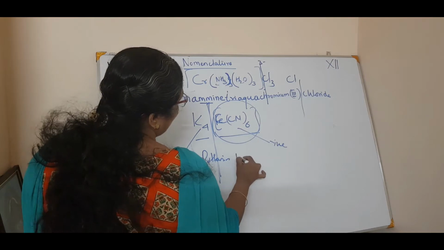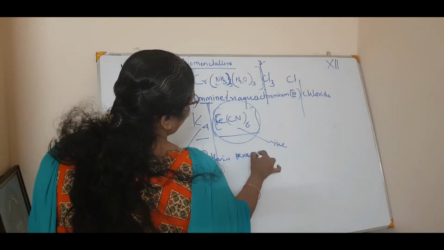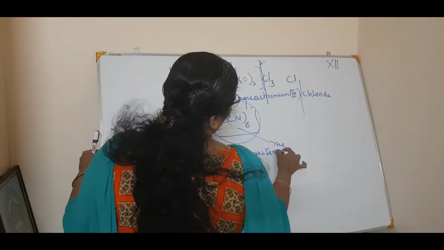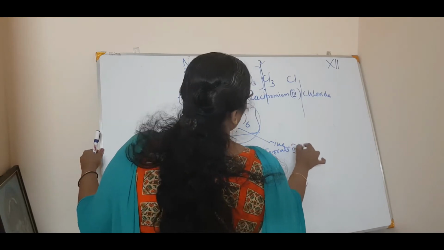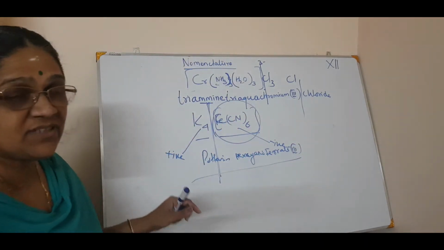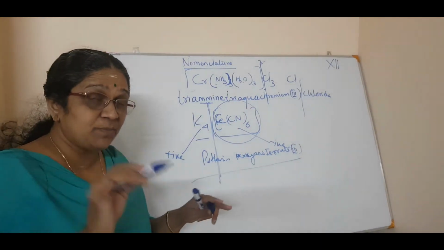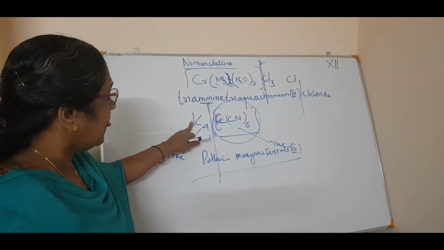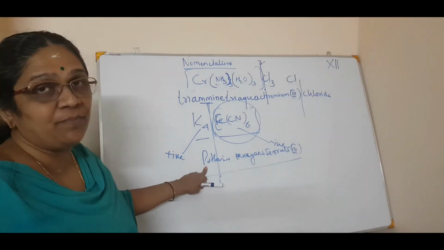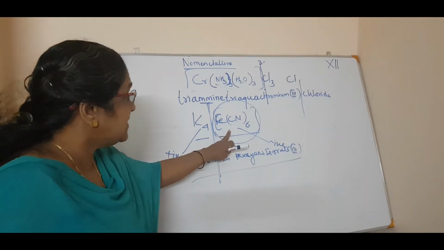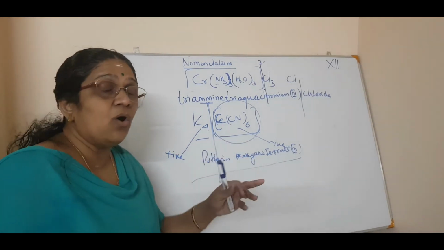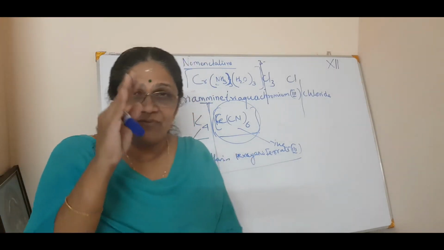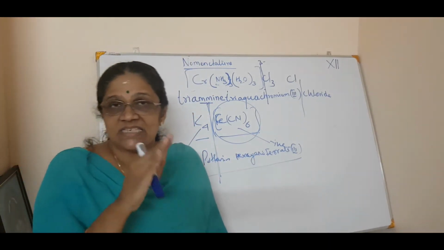Potassium, then hexacyanoferrate(III). I will explain how it comes, but still I just want to make a differentiation between the positive and negative entity. So here also we are writing the positive entity first, potassium. So in all coordination compounds, there is a positive and a negative entity.